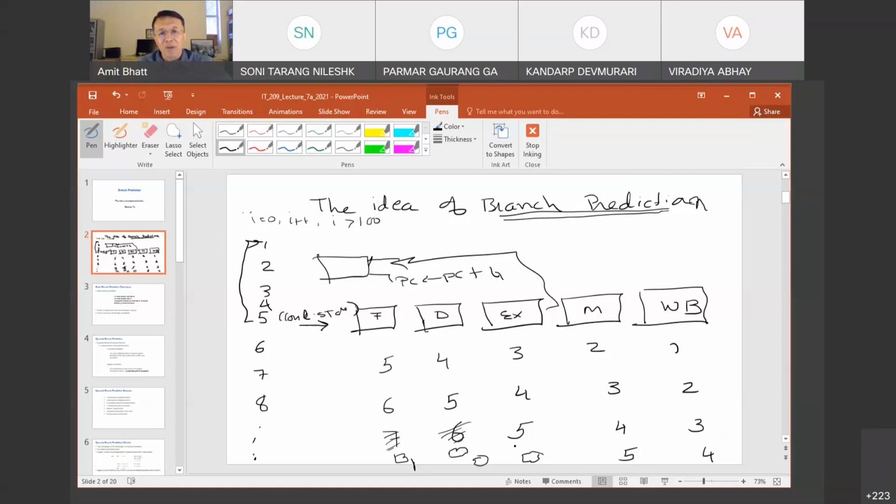Out of 101 times, 1 wrong, it's maybe less than 1% wrong. So my predictions are 99% correct. Does this make sense, that predict always taken is a great idea?